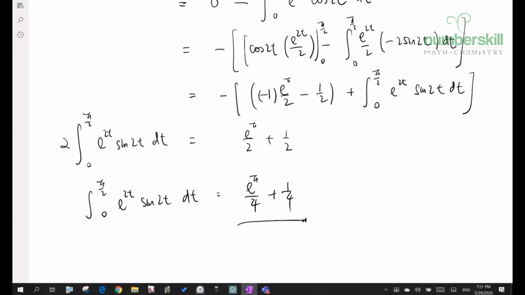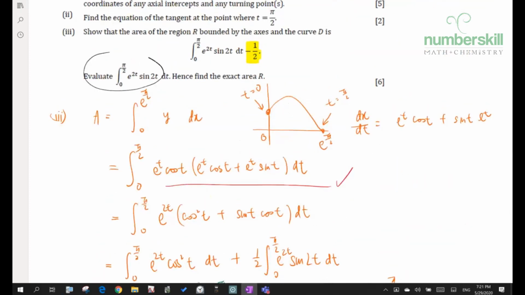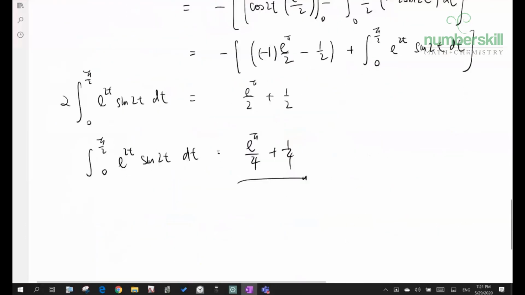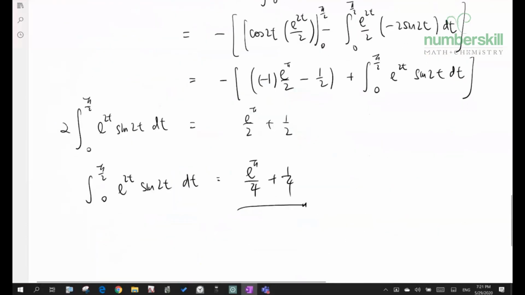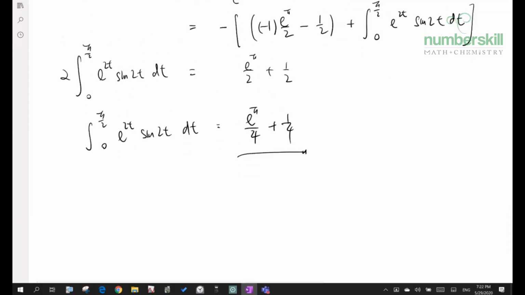So that is the part that they are asking us to evaluate. This one. Evaluate only. Done. That's the evaluation. Then they say, hence, find the area of the shaded part. So we already knew that the area, now I'm running out of colors. Can you believe it? I do so many colors until right now. The area that we're supposed to find was actually given by this formula that we so-called show in the previous part, right?